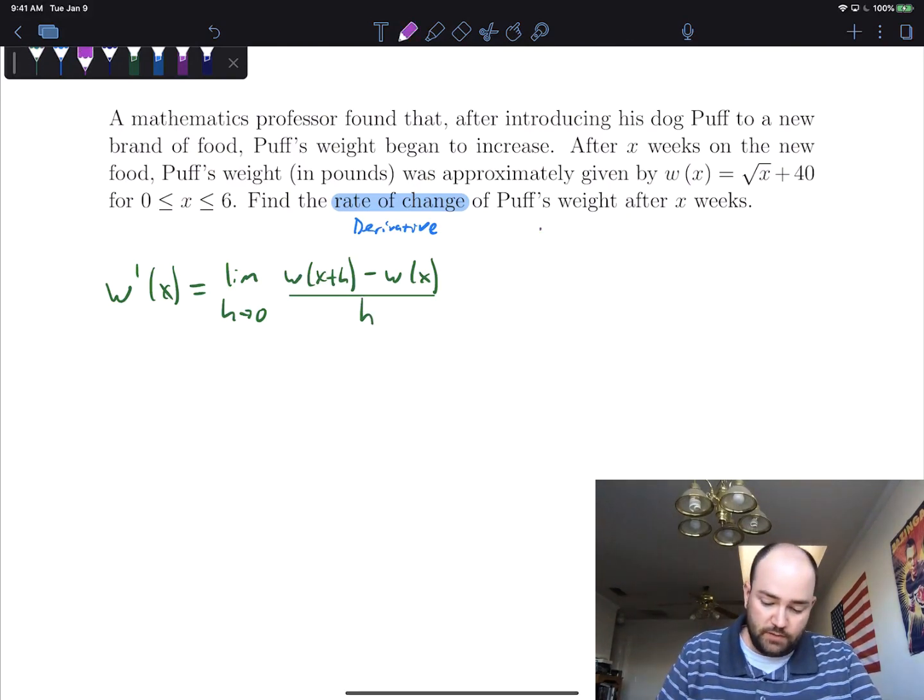Now, W of X plus H would just be the square root of X plus H plus 40.